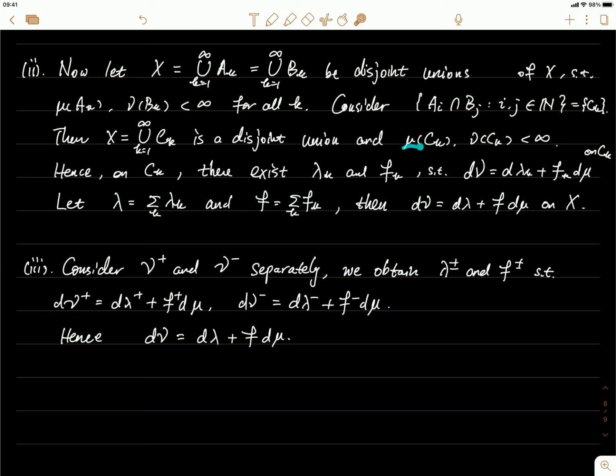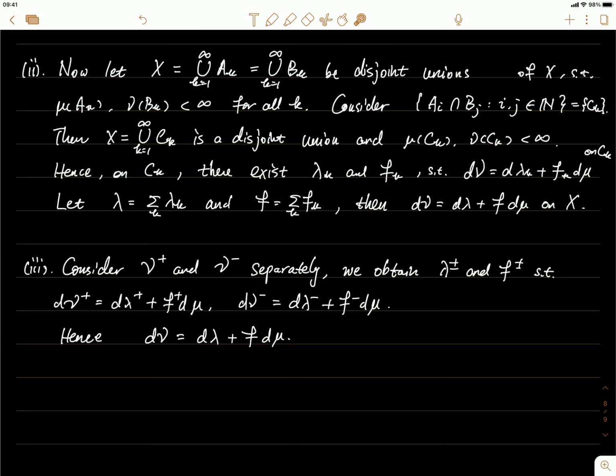Then we can use the result just proved on each of these sets. We can find this lambda_k and f_k, which are specific to this set only, and they are both 0 outside of C_k. We know that these two will satisfy the Radon-Nikodym theorem we just proved.